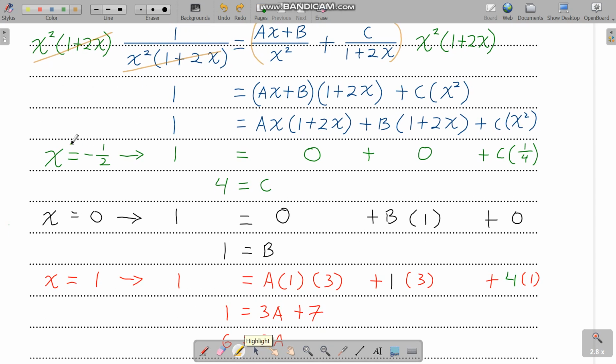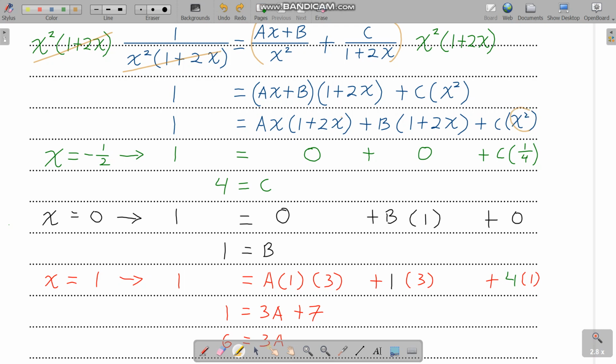So here we can use x equals minus 1/2, because when we plug in minus 1/2, on the left there's nothing to plug in. On the right, when we plug in minus 1/2, we're gonna get 0 here, because it's gonna be 1 plus 2 times minus 1/2, which is 0. Same thing here. So two terms will go to 0, which means we can find the c directly. So that's why we plug in minus 1/2.